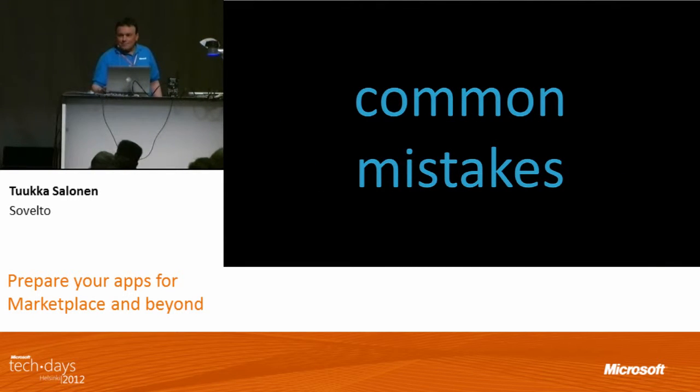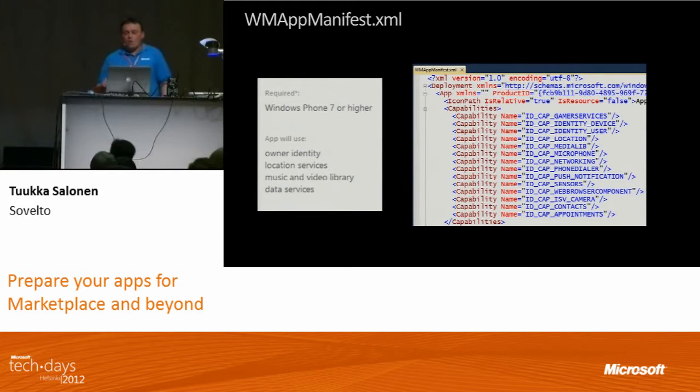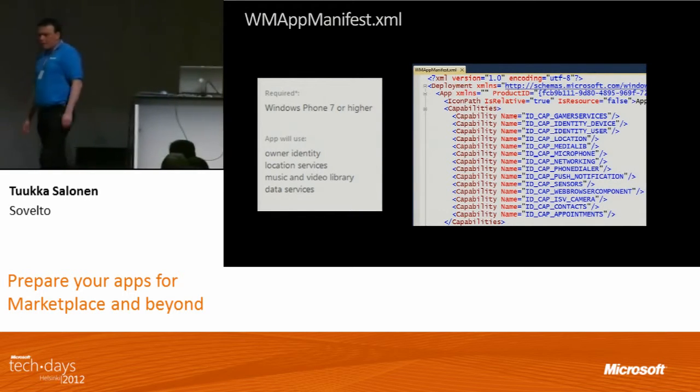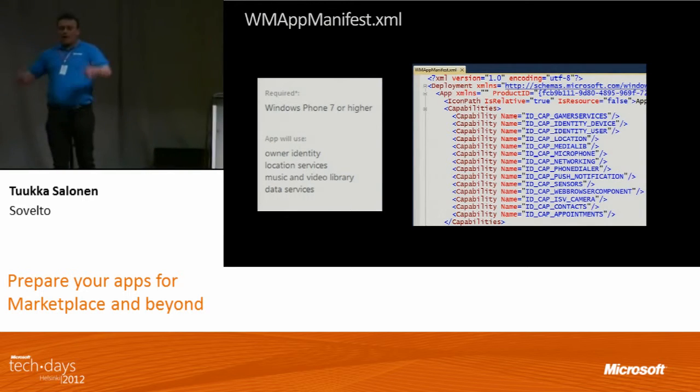Mistakes. Mistakes I have made so that you don't have to. This is actually not that important. But there is a manifest file where you have to declare the capabilities that you use. So if I have gamer services and I don't use it, I should take it out.